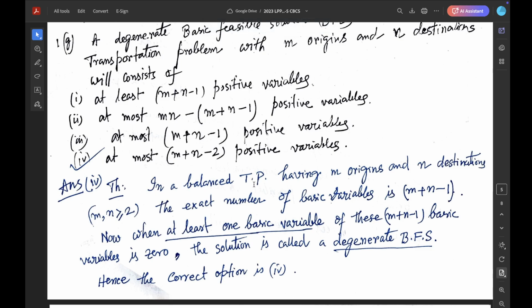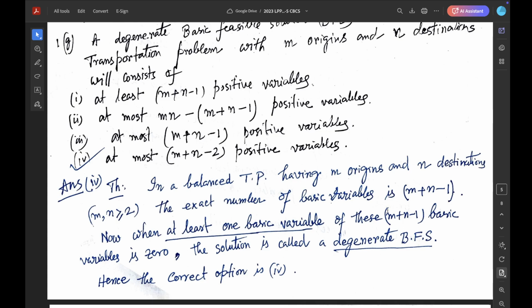We have a theorem. In a balanced TP having m origins and n destinations, where m and n are greater than or equal to 2, the exact number of basic variables is m plus n minus 1. When at least one of these m plus n minus 1 basic variables is 0, the solution is called a degenerate basic variable solution.